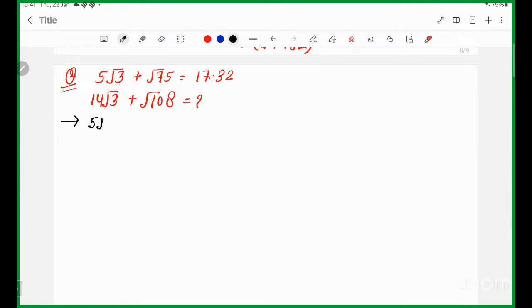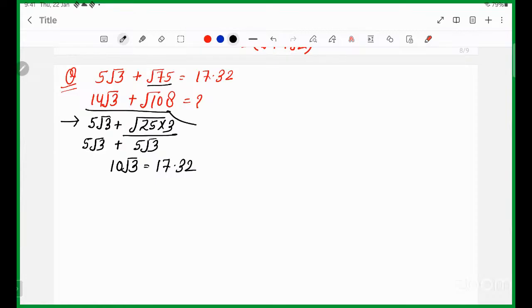It was 5 root 3. Can I write root 75 as 5 root 3, because it will be under root 25 into 3? So it will be nothing but 5 root 3 plus 5 root 3. Total it will be 10 root 3, which will be equal to 17.32. And just solve it now.